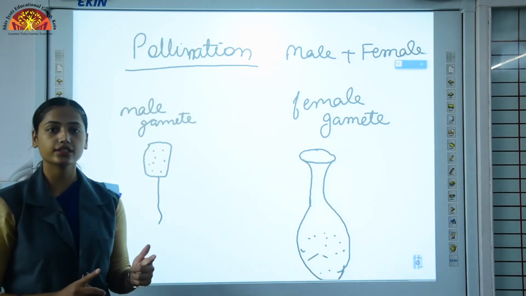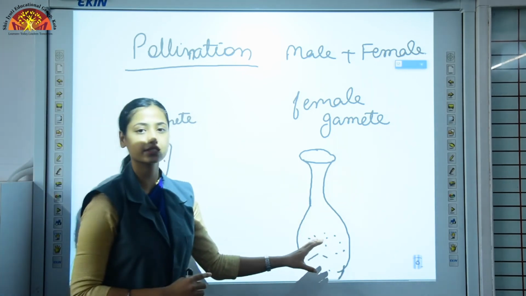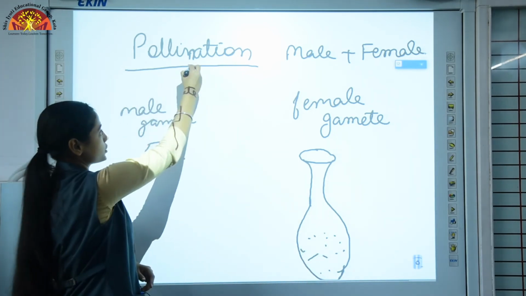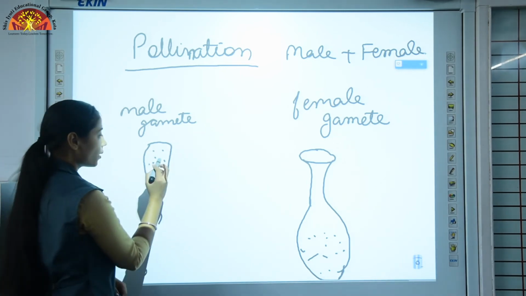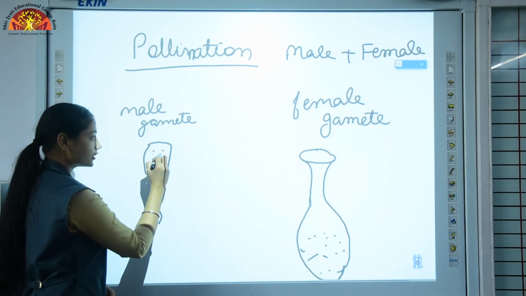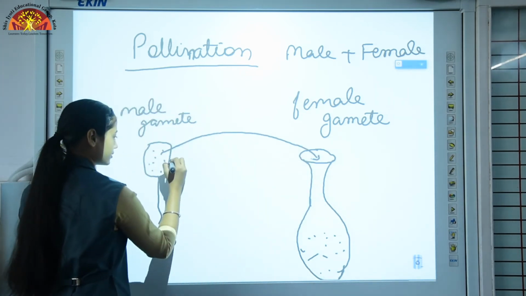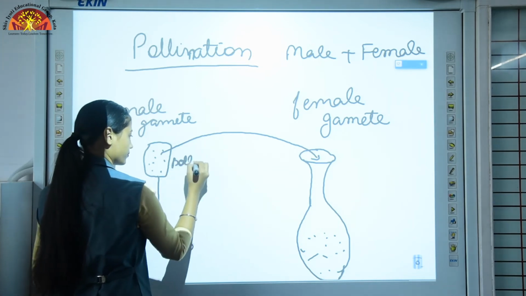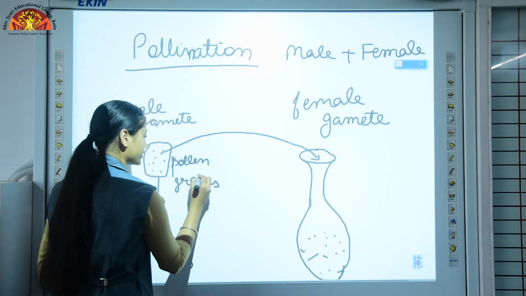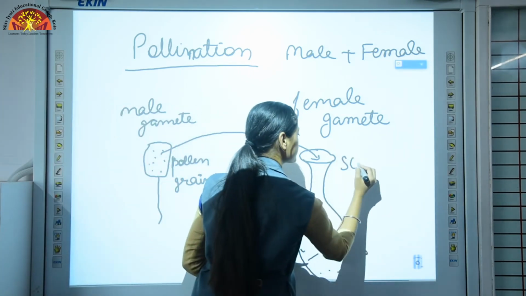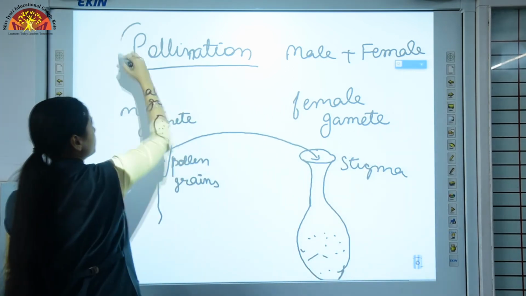So that process of transferring male gamete to the female gamete is known as pollination, in which what happens? There is transfer of pollen grains from anther to stigma. These pollen grains are transferred to stigma, and this process is known as pollination.